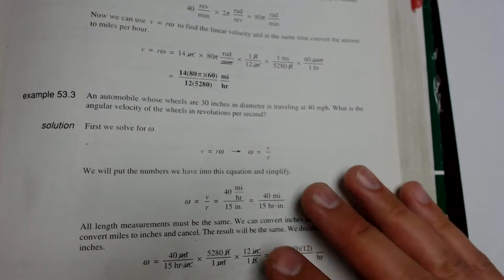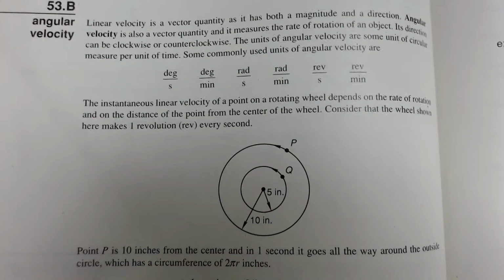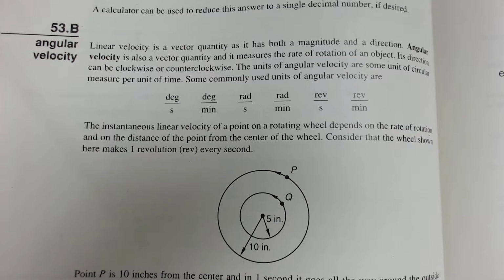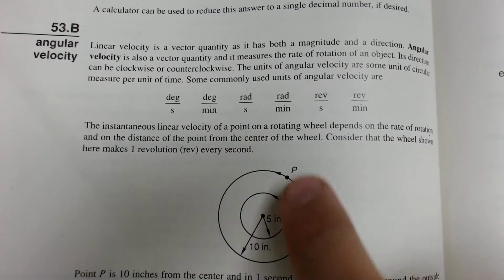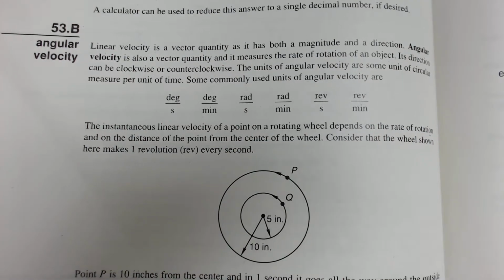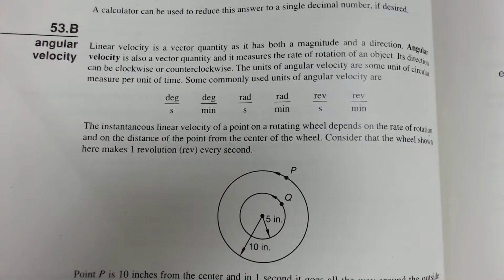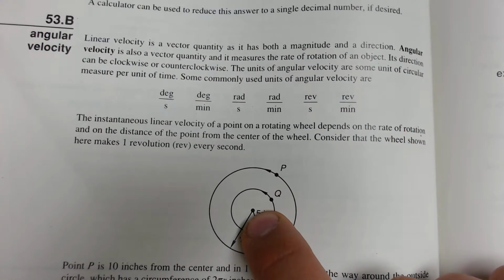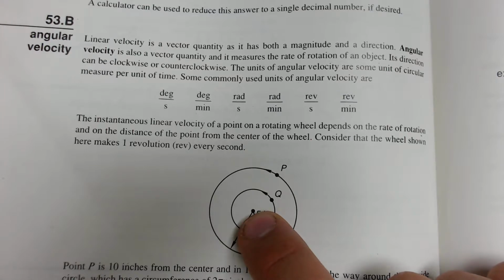Okay, we're just going to go straight to angular velocity, and I should also call this linear velocity, but I guess it's mostly based on angular velocity. So again, angular velocity refers to an object like, if you imagine a bug getting squished by a tire, the number of times the bug goes around the tire would be considered an angular velocity. However, if you think about the very center of the tire, the center doesn't actually move.